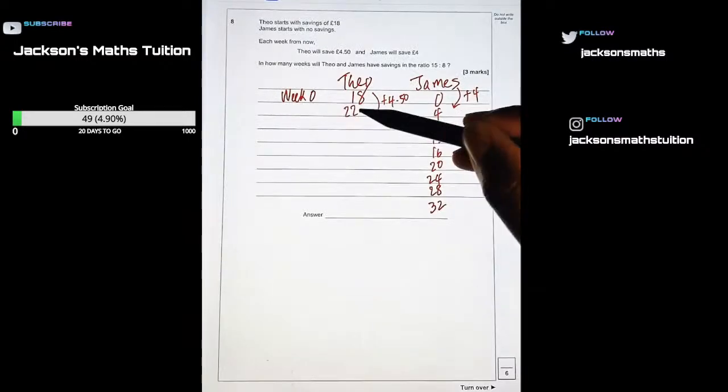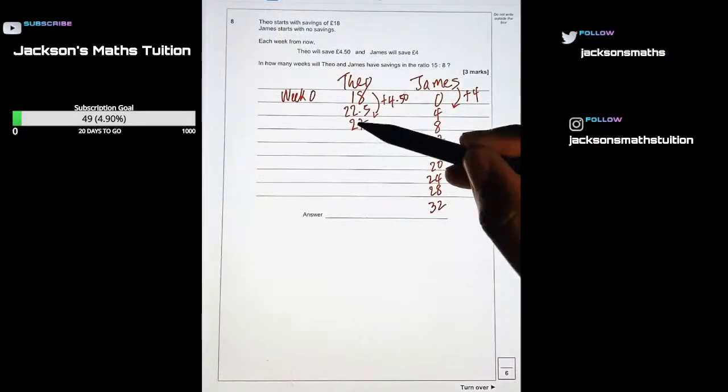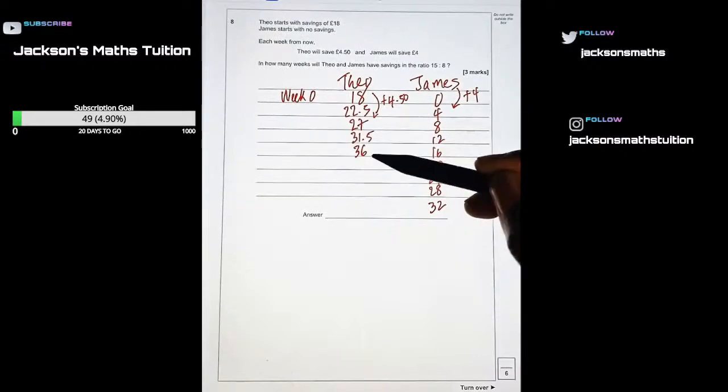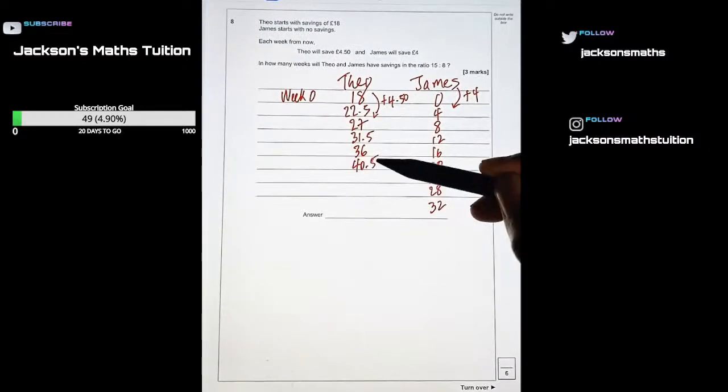Then we add another £4.50, 27. Keep adding, 31.5, 36, 40.5, 45, and then we have 49.5 here. We can stop.